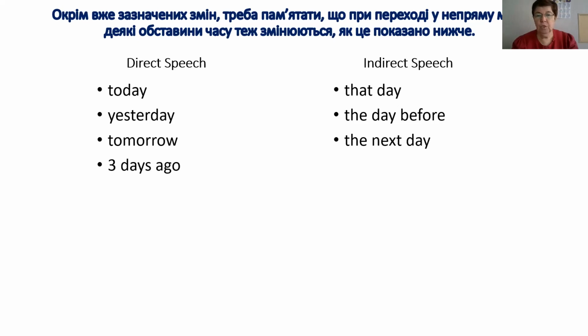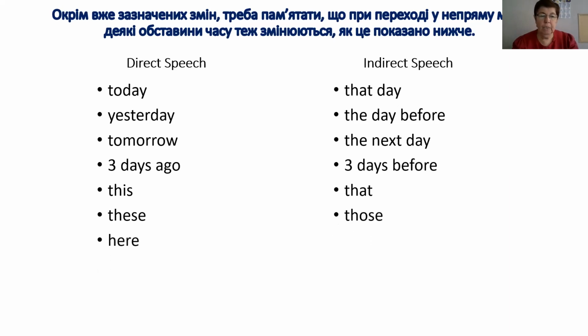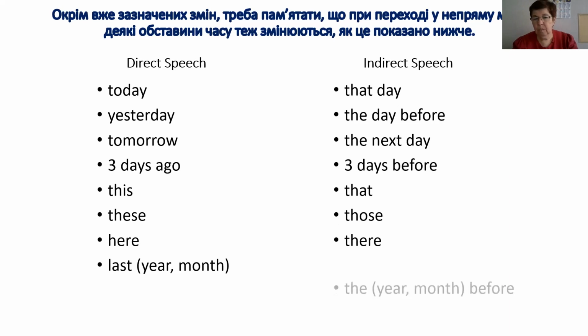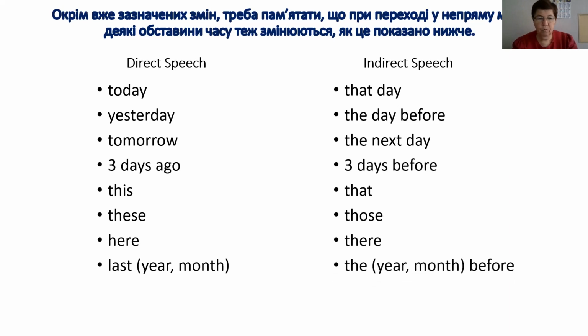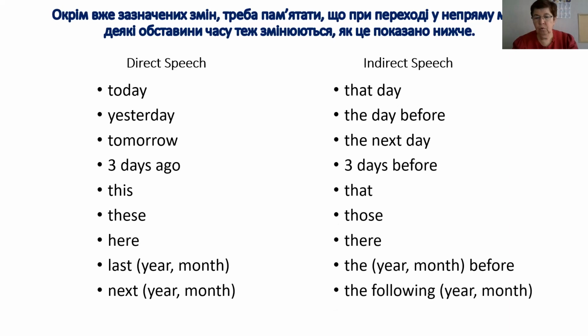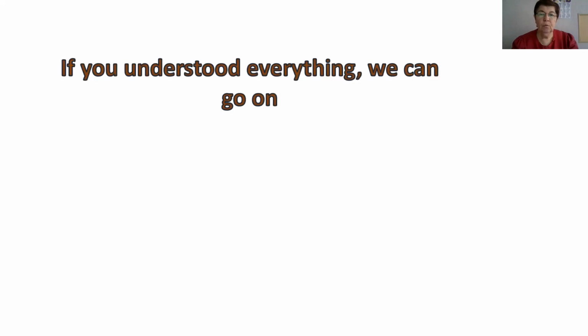Three days ago changes into three days before. This changes into that. These in plural changes into those. Here changes into there. Last year or month becomes the year or month before. Next year or month changes into the following year or month. If you understood everything, we can go on.